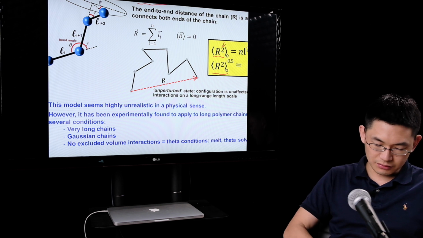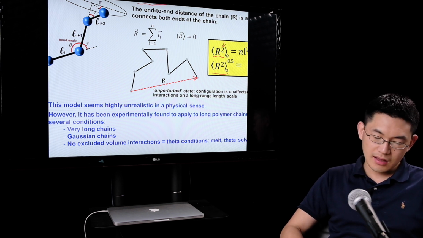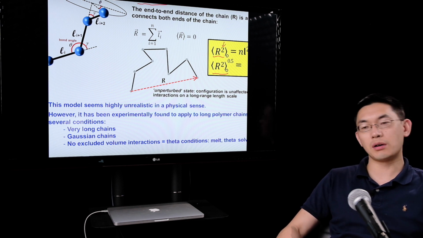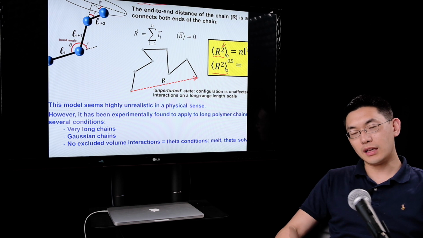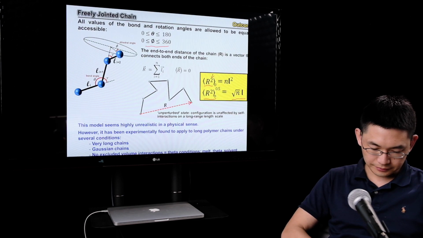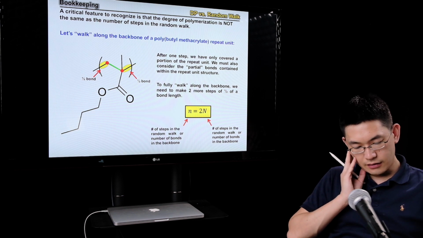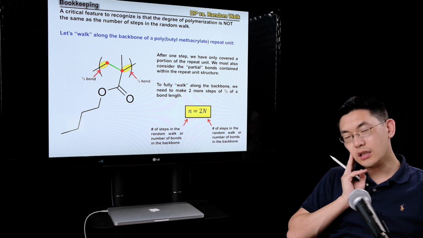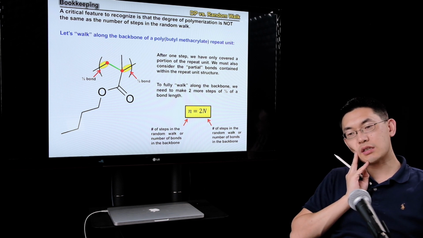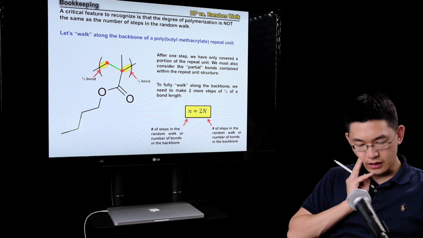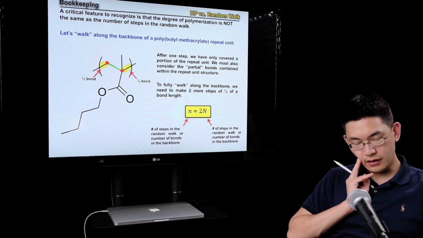So for now, what you need to know is how the free joint chain works, and how the end-to-end distance in the free joint chain relates to the number of bonds and the bond length. Okay? There is a concept that we need to be mindful of: the degree of polymerization is not necessarily equal to the number of bonds, as we already discussed in polyethylene.